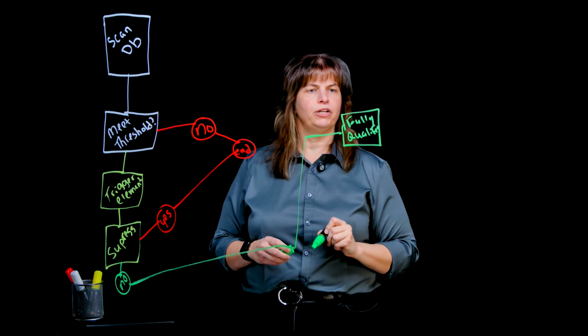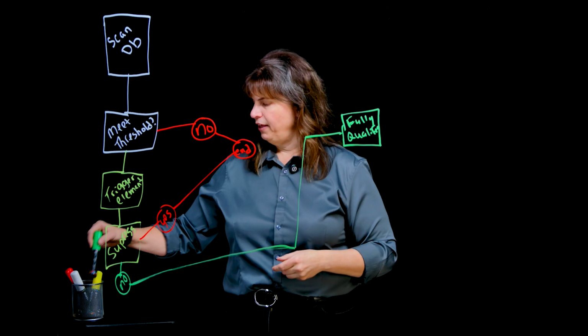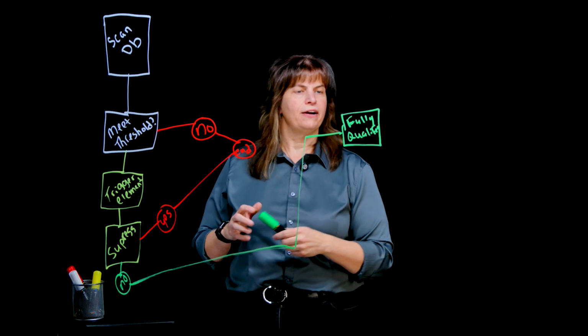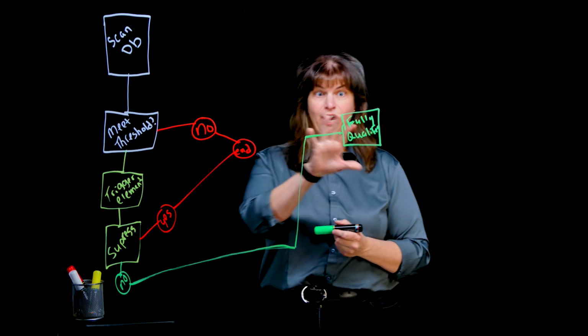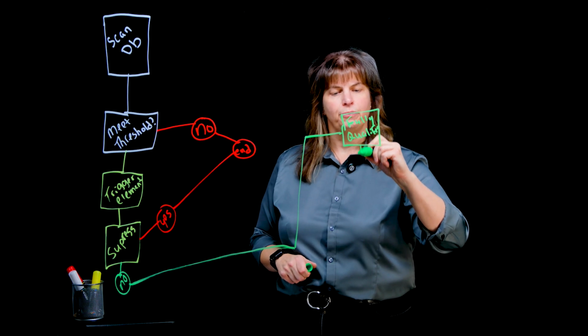Okay, we have the fully qualified trigger condition here. Now, at this point, we look and say, do we have any actions that need to be taken? Because now we do have this qualified as an alert that needs to fire. So, do we have actions?